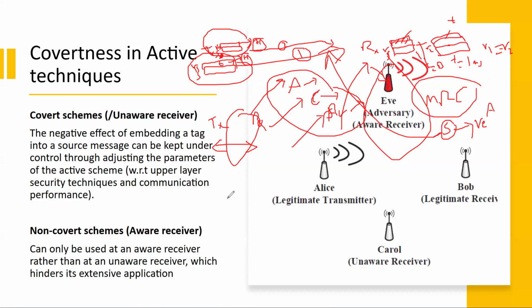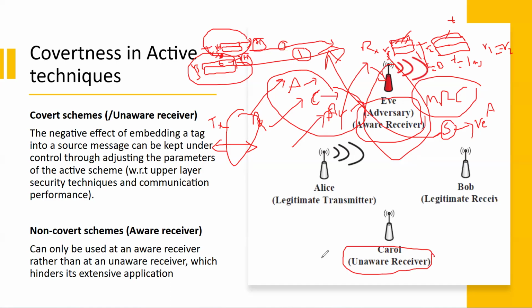They hide it somewhere, like they hide it in the noise or interference or whatever. And this is applicable for both aware and unaware receiver. This is aware receiver, that there is communication, the eavesdropper. And this is unaware receiver, doesn't know that there is communication between the transmitter and receiver.